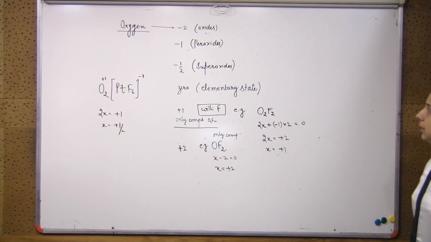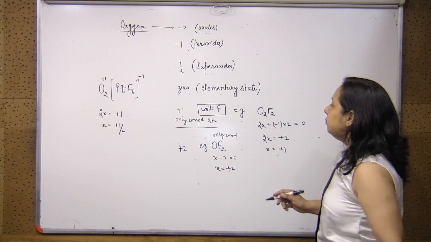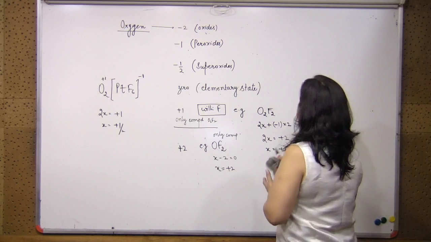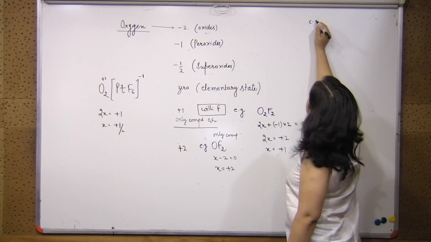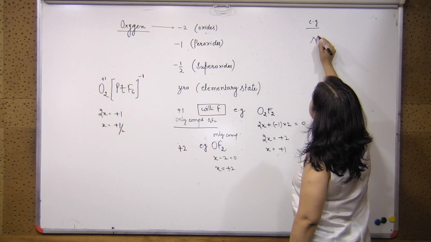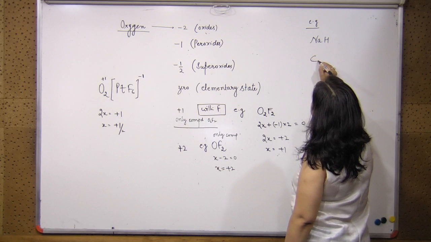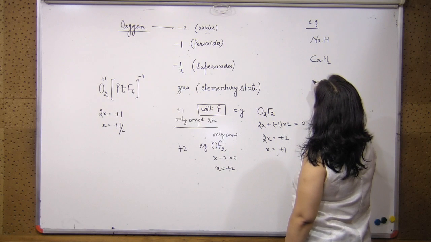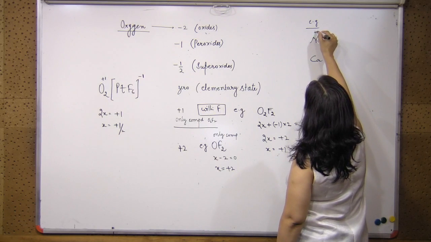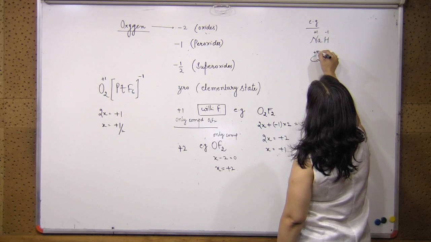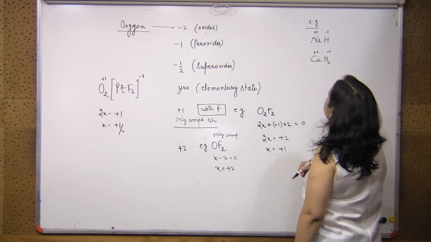Now we have oxides, peroxides and superoxides. How do we come to know whether this is an oxide, peroxide or superoxide? For this information, we will discuss some examples. Let's start. When I write NaH, CaH2, the sodium is +1, hydrogen -1, calcium +2, hydrogen -1.